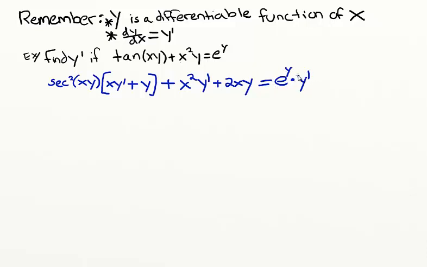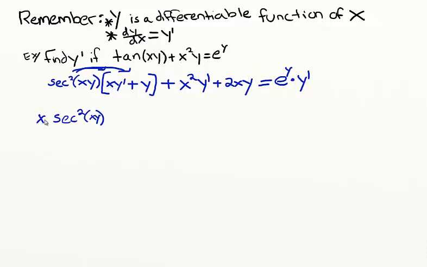Now the next strategy for implicit differentiation is we need to get everything with a y prime on one side and everything else on the other. So in order to do that, we're going to have to distribute the secant squared. So let's go ahead and do that. Secant squared of xy times our xy prime.